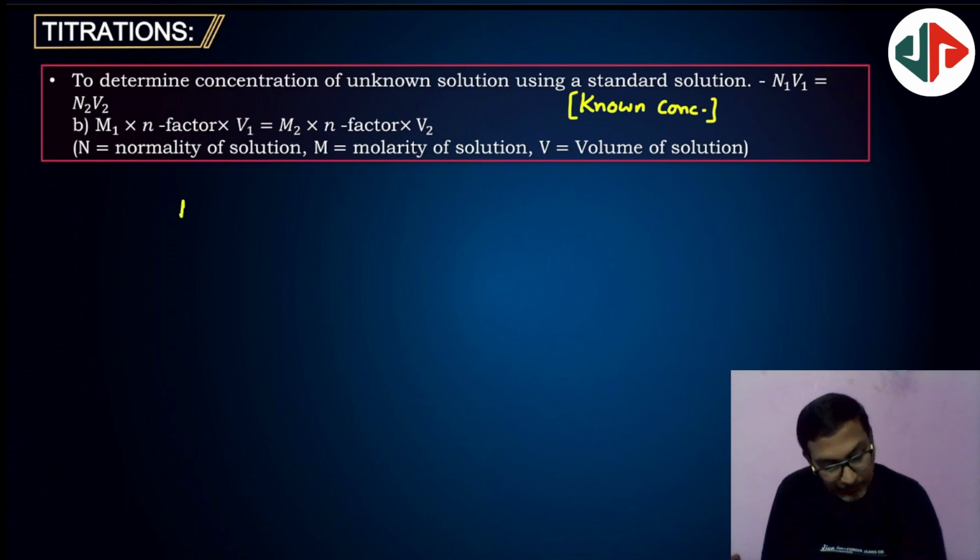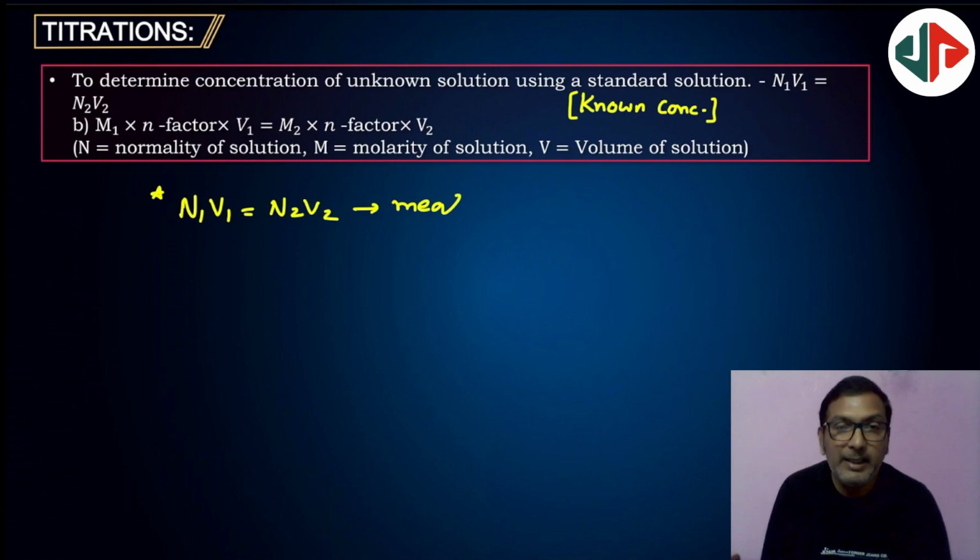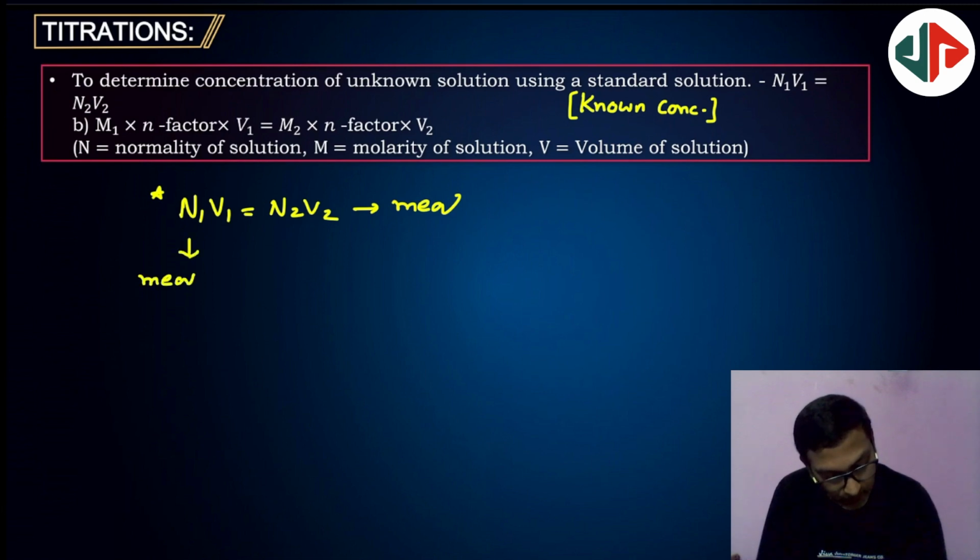Here N1V1 equal to N2V2. So this is about milli-equivalents, or law of equivalence. Milli-equivalents of unknown solution equal milli-equivalents of known solution.